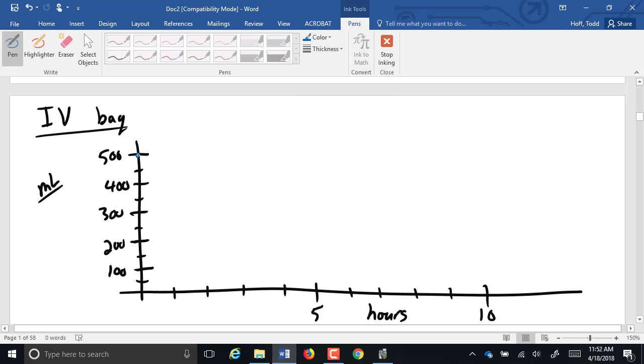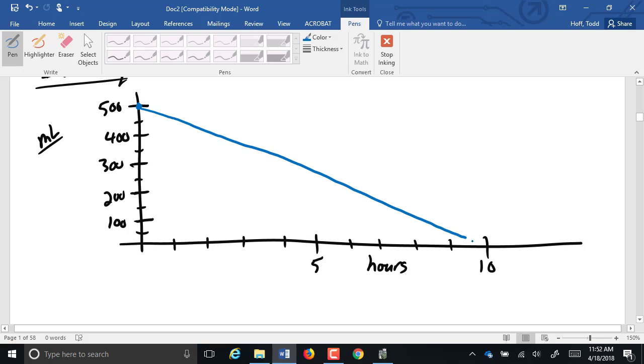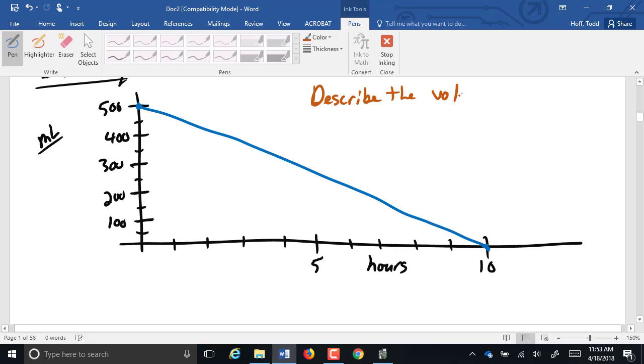At the start of this, there's 500 milliliters in the bag. Let's try that again. And it's empty at 10 hours. So let's find in this the equation that describes the volume of fluid in this bag.